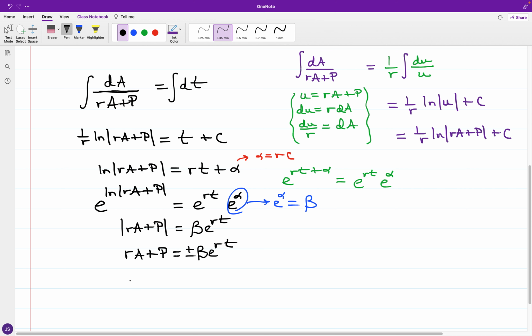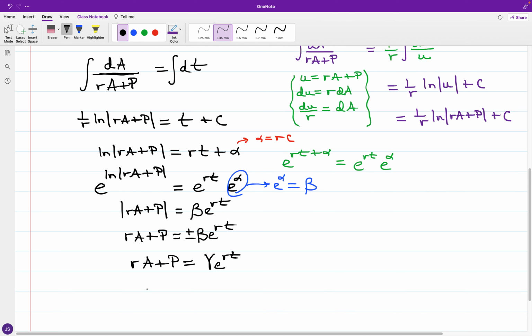So you have plus or minus beta, and we'll put this in terms of yet another constant, whether positive or negative, represented by gamma. So we have gamma times e to the rt.